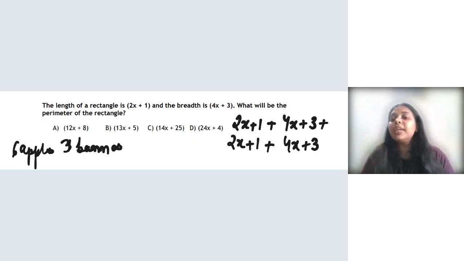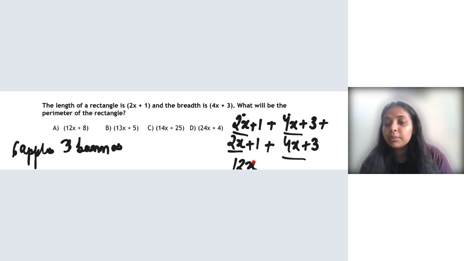So in this, what are all the same type of things? This x is all same. Yes. So when I add 2x, 4x, 2x and 4x, what will I get? 12x. Very good.